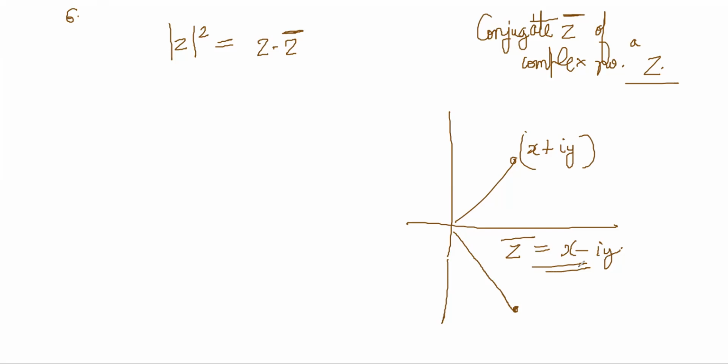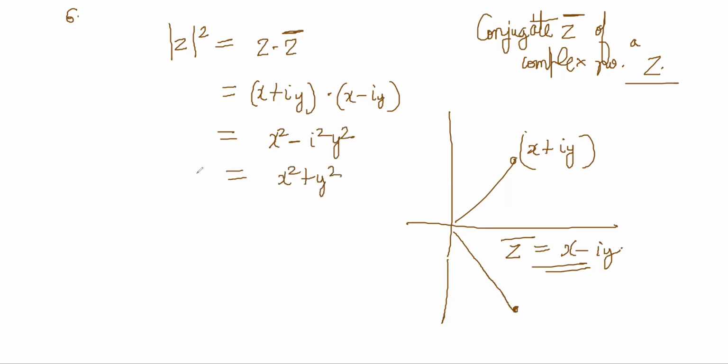Notice that z into z conjugate will be x plus iy multiplied by x minus iy, which is equal to x square minus i square y square, which is x square plus y square, which is equal to mod z square.